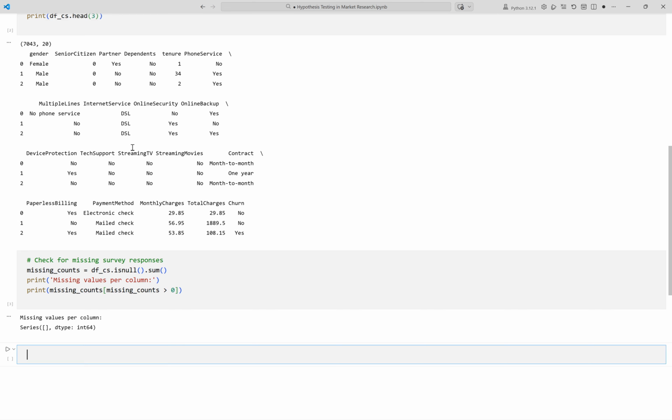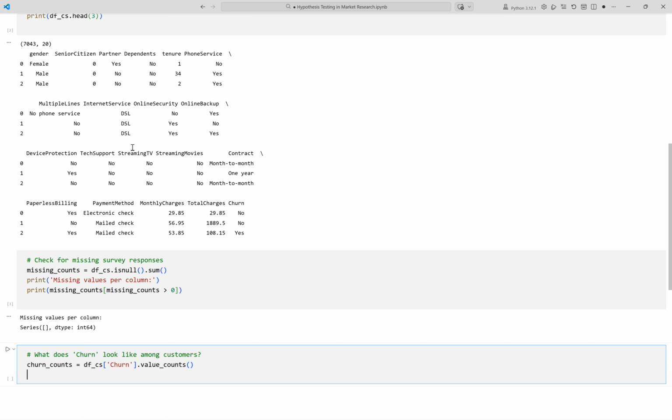One business question is, what fraction of customers churned versus retained? We count each value in the churn column. We print the breakdown, helping a marketer see attrition patterns. Knowing this is key for formulating a business hypothesis. Running the cell now.